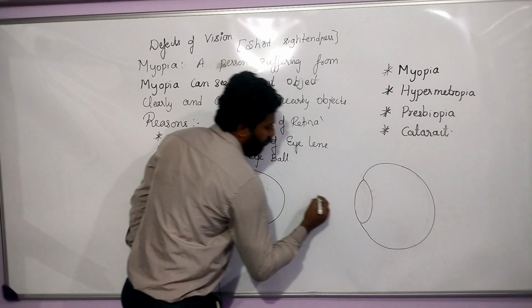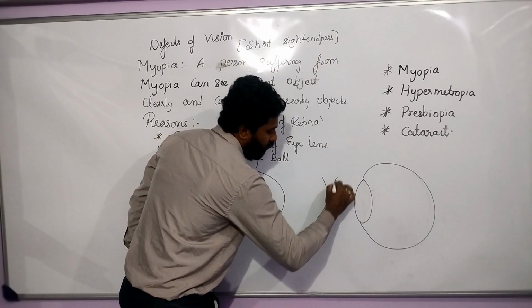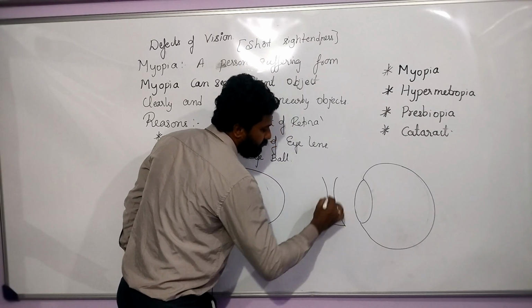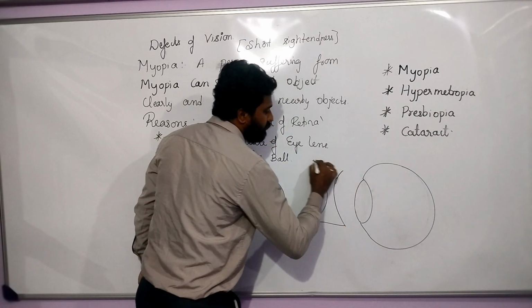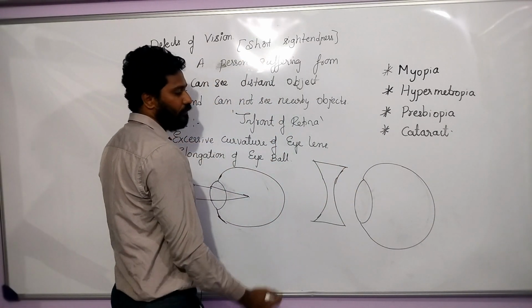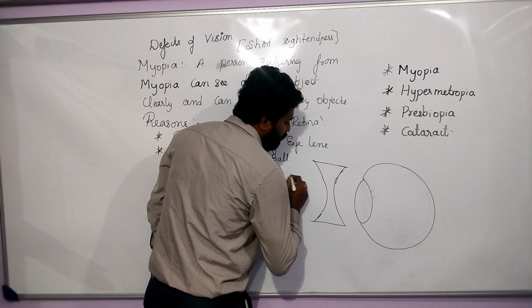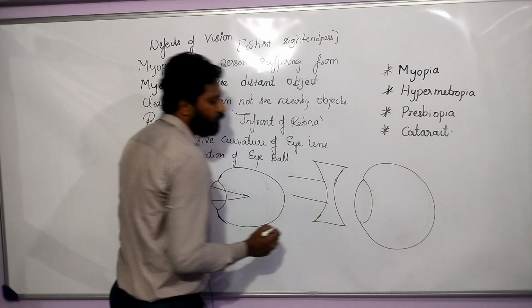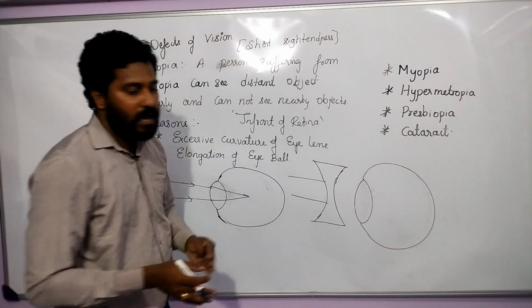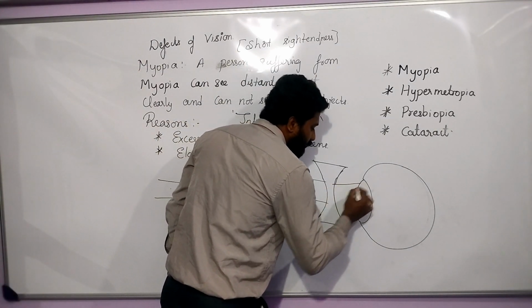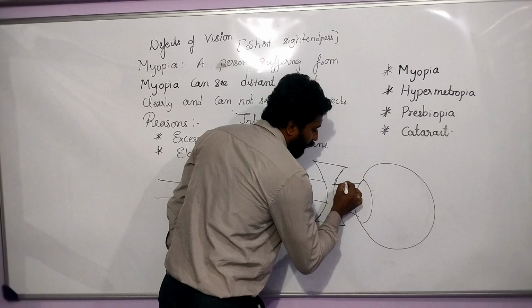We will use a certain type of lens called a concave lens, bifocal. Bifocal means it has two focal lengths. When the light rays fall on the concave lens, which is a diverging lens, it diverges the light rays.